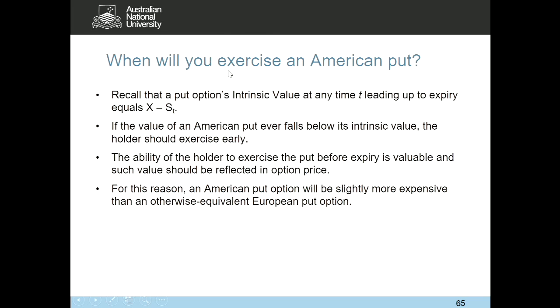All right, so what we're going to do is at each branch of the tree, we would always compare the discounted payoff with the intrinsic value of the put option. Basically, we are asking ourselves the question, should I wait longer or should I exercise the put today? Exercising the put today would lead to the intrinsic value of X minus ST. So the intrinsic value is simply the payoff of the put option at that time.